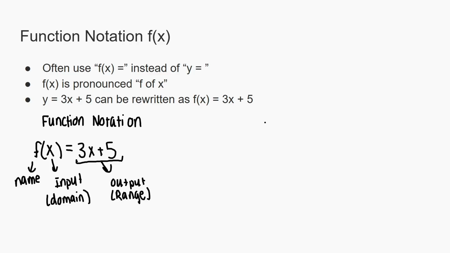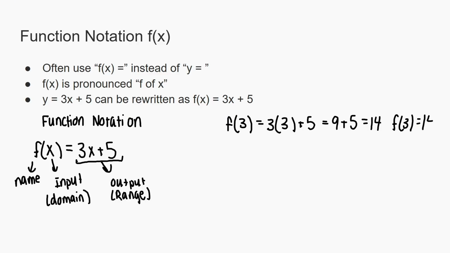An example of how function notation might be used would be something like f of 3. And then we're trying to find what f of 3 is. What this means is we're plugging in 3 for the value of x. So we know this should be 3 times 3 plus 5 equals 9 plus 5, which is 14. So f of 3 is equal to 14.